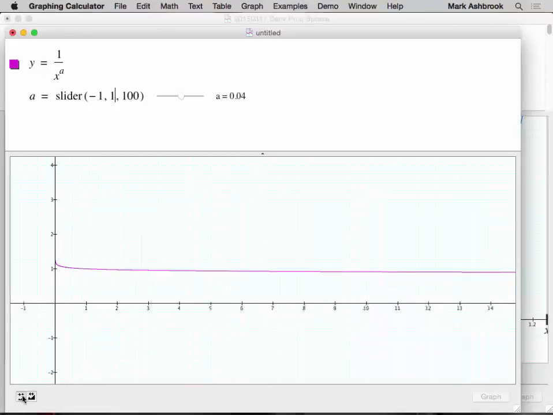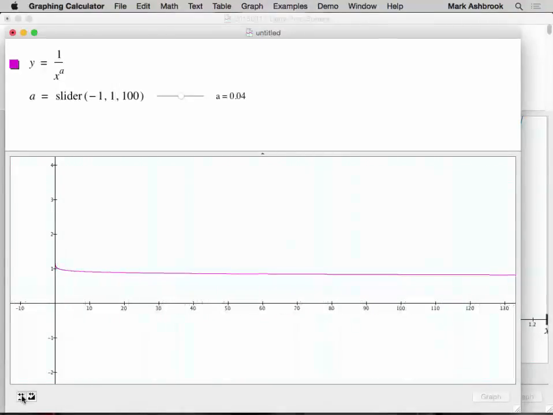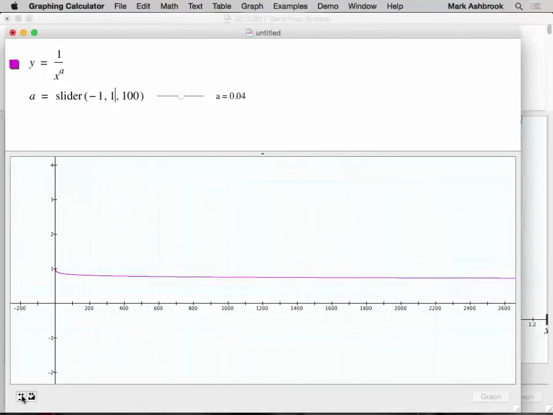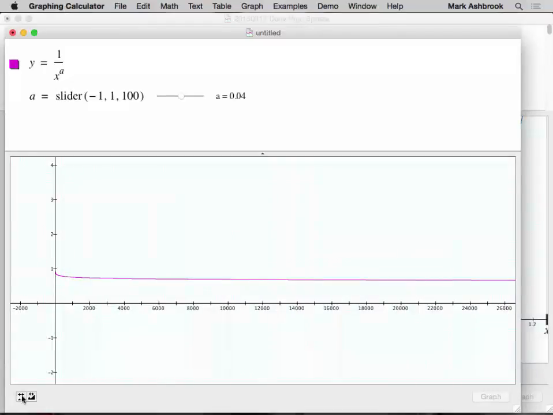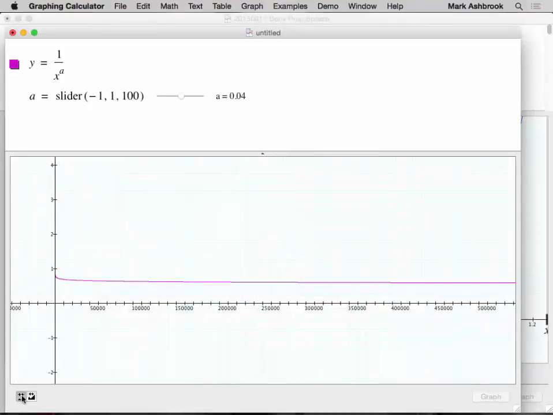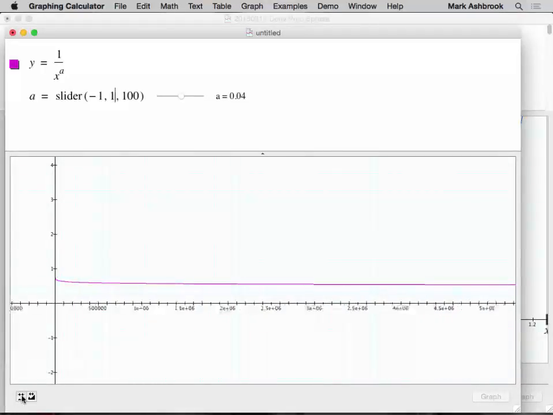So we'll zoom out on the x-axis. Okay, 2,600, 5,000. This is 50,000, 24,000. Now we're in the millions here, and we haven't even gotten to 1/2 yet.